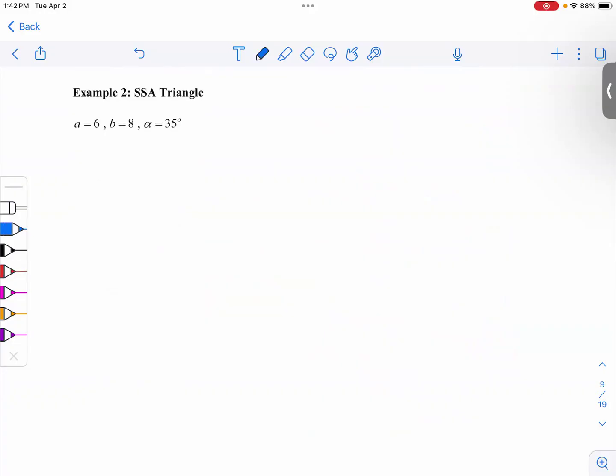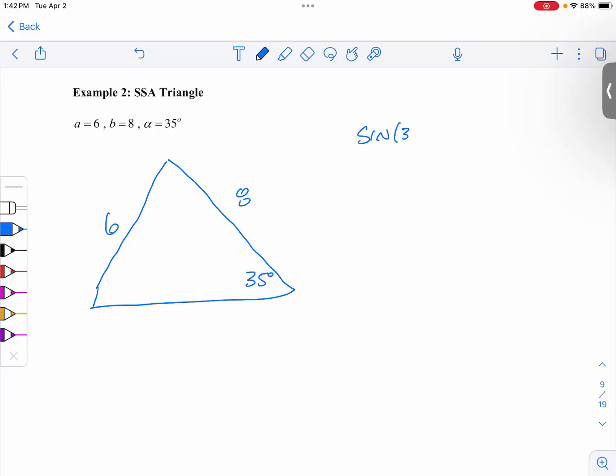Similarly, side angle. And so this one I need to actually start with the law of sines. Sine of 35 degrees all over 6. And I only have one option here. Sine of, all over 8. I have no other option of where to start.